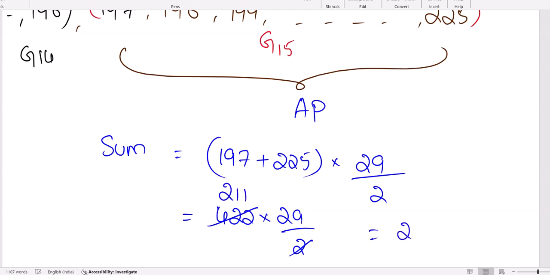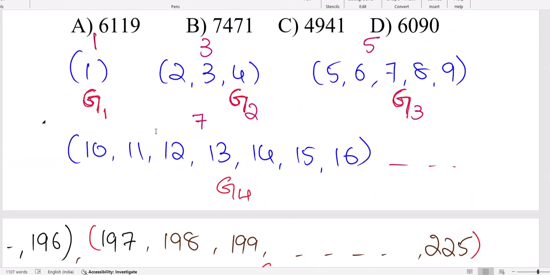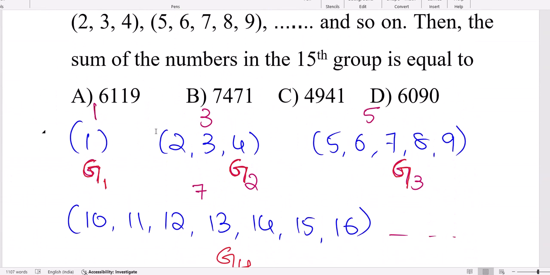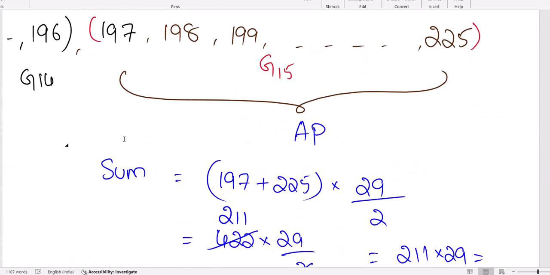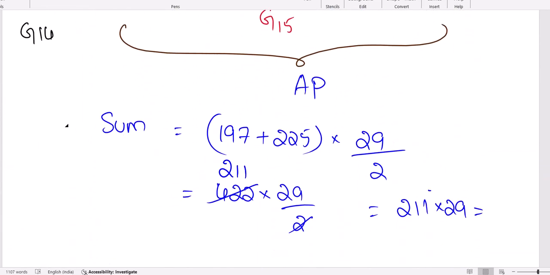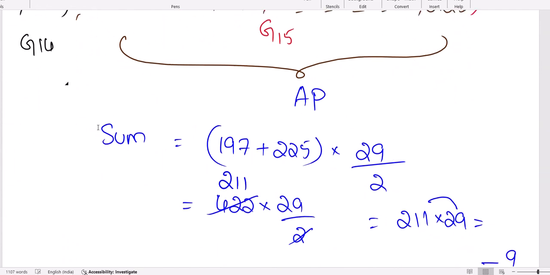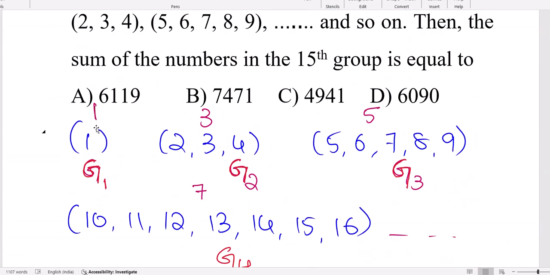Now, don't waste your time. They given options. See the units place. 1 into 9 means your answer should end with 9. Only one option ends with 9. I don't want to do the entire thing.